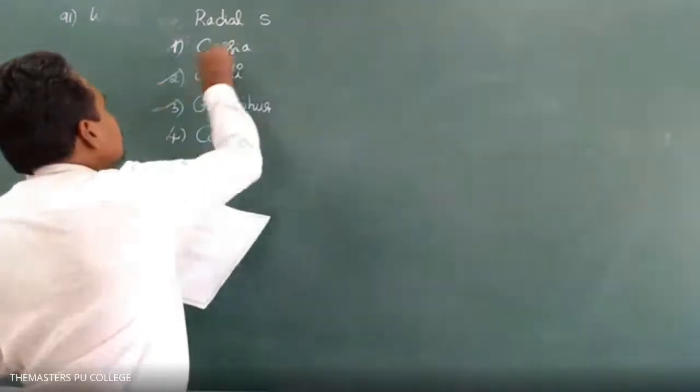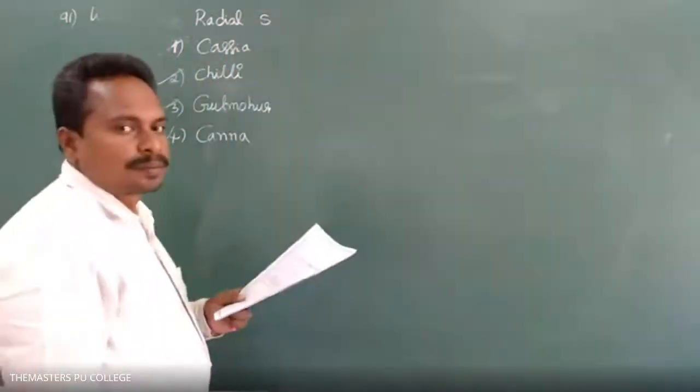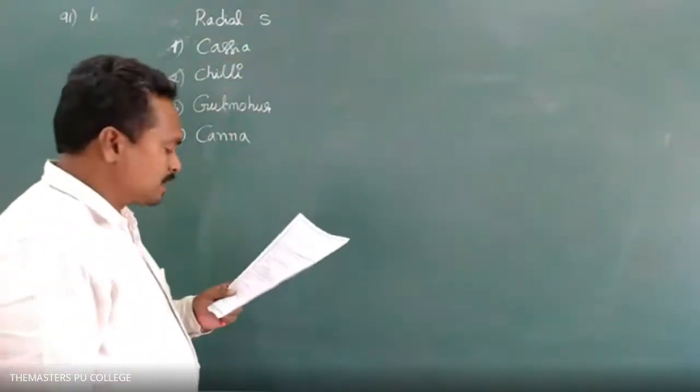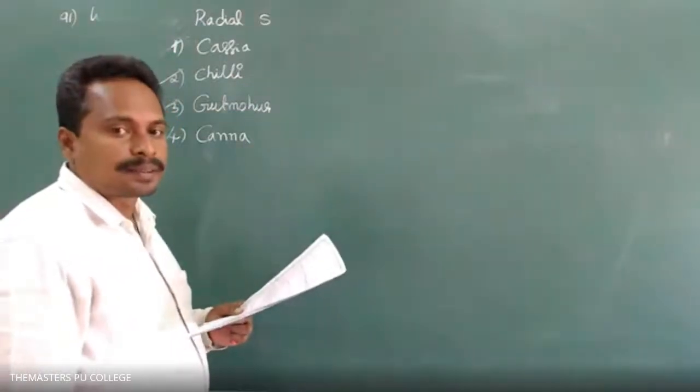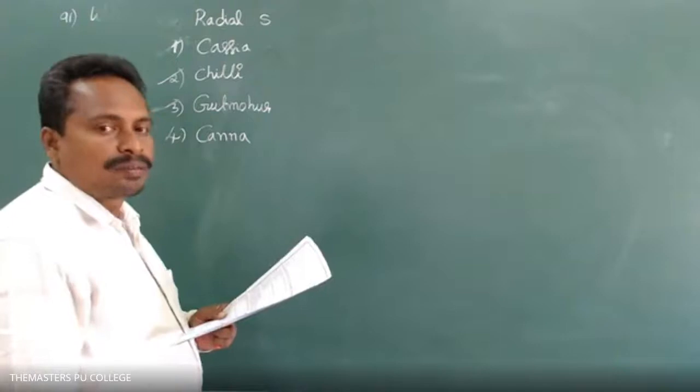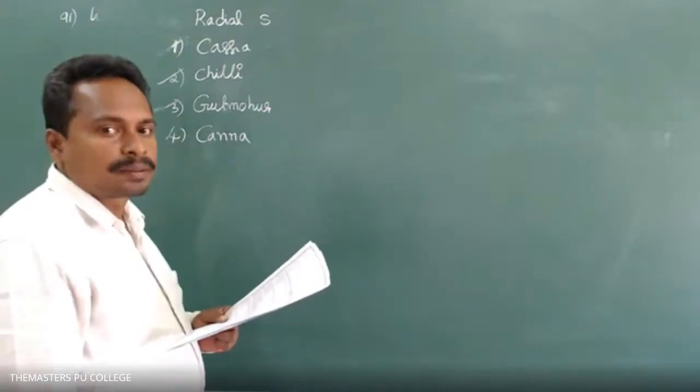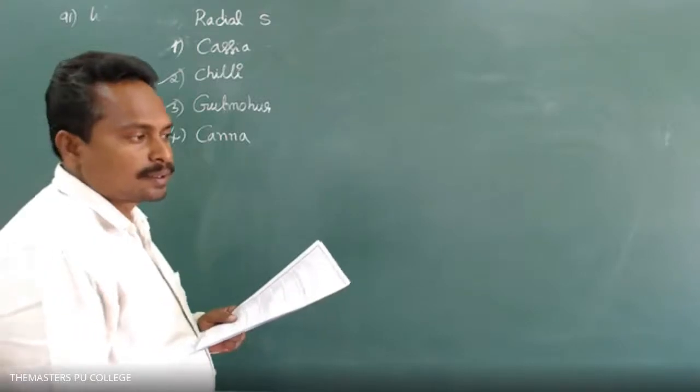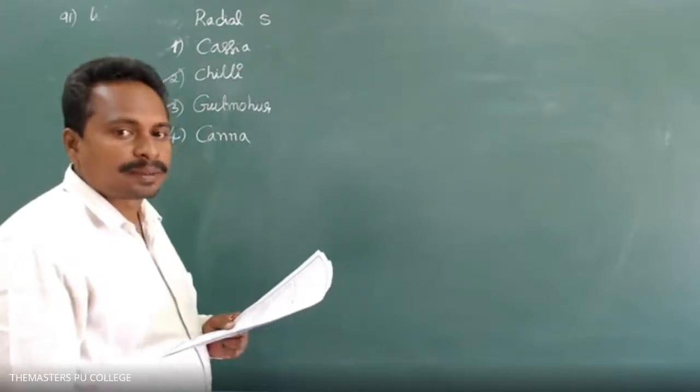What is the answer for this? Option 2, chilli. Abhay, the second option is the correct answer. Sir, chilli is actinomorphic, no sir? Actinomorphic is another name for radial symmetry.